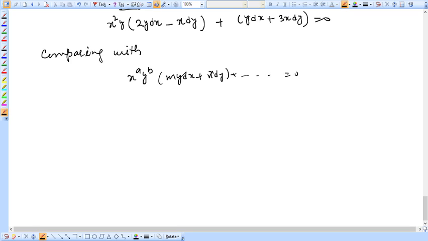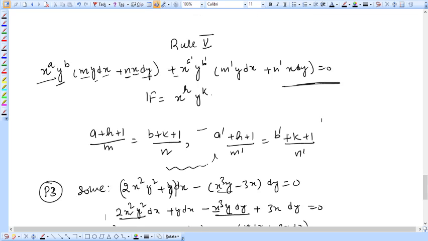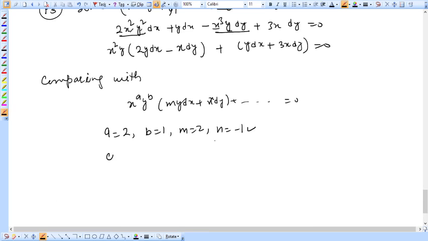So here a is equal to 2 and b is equal to 1, M is equal to 2 and N is equal to -1. Also you see a dash here, let me take you back. So this is a dash, which is nothing but 1.